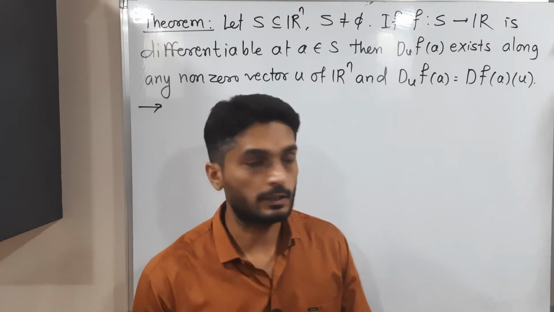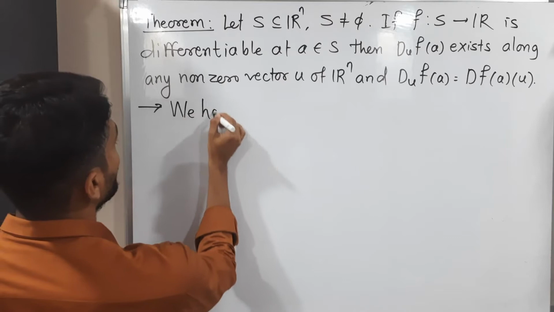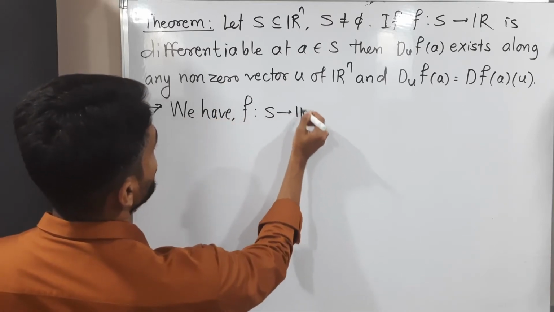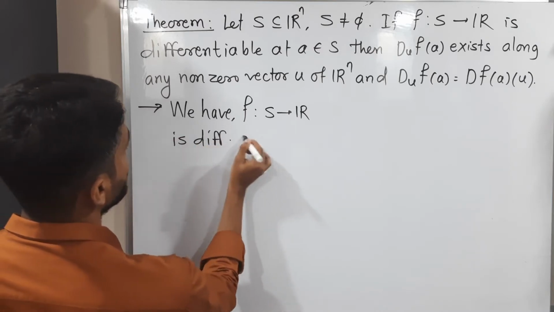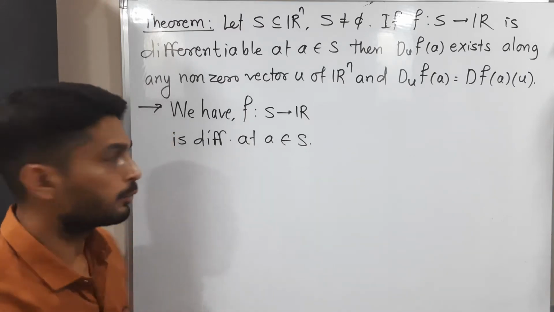Let us write the given thing. We have f defined from S to R is differentiable at A belongs to S. And what we have to prove?